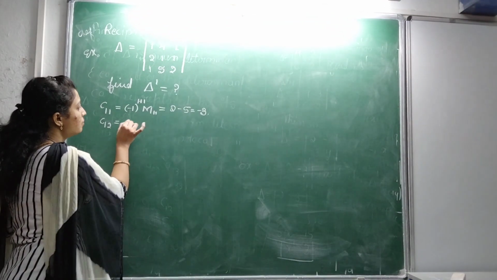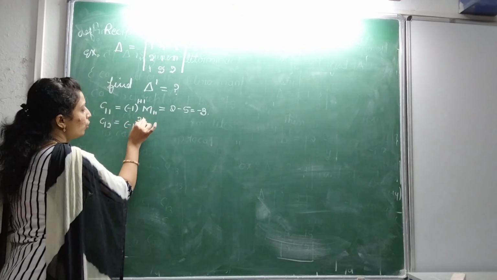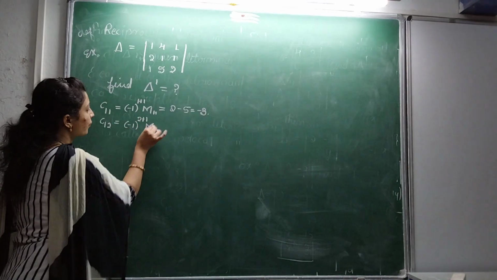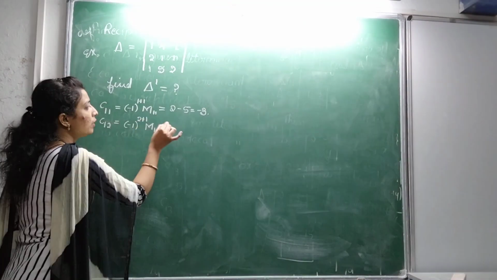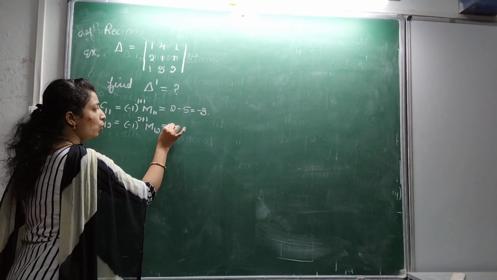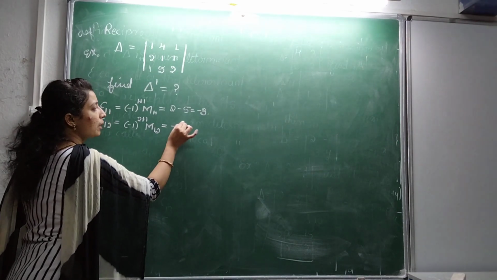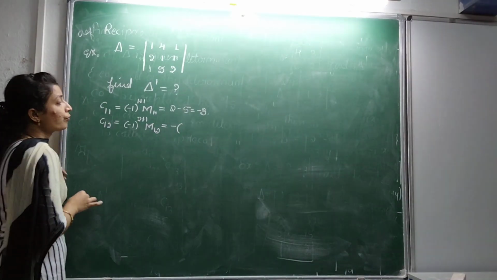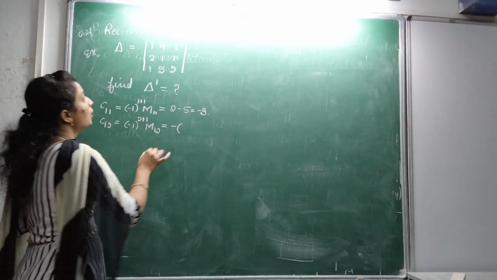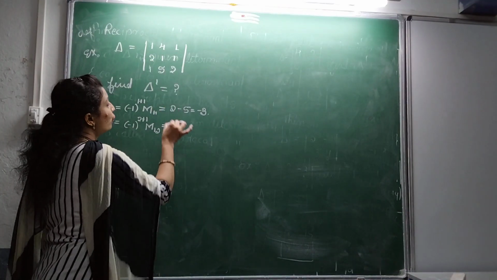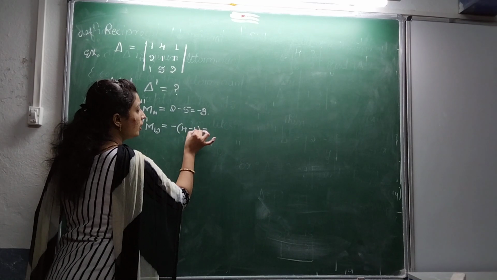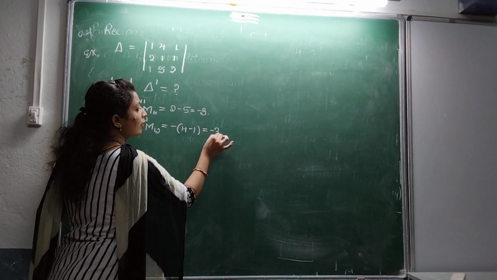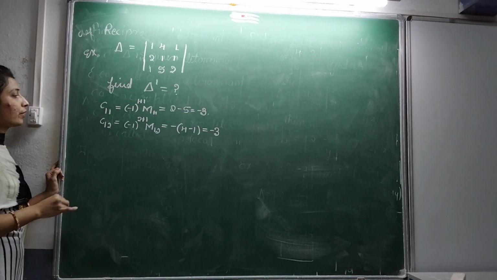Then C12 can be written as first row second column: minus 1 to the power 2 plus 1 M12, which is minus 1 whole cube, so it is minus. Leaving the first row and second column, elements are 2 into 2, 4 minus 1, that is 3. 3 into minus, again we have minus 3.